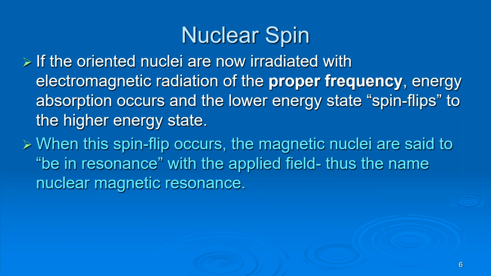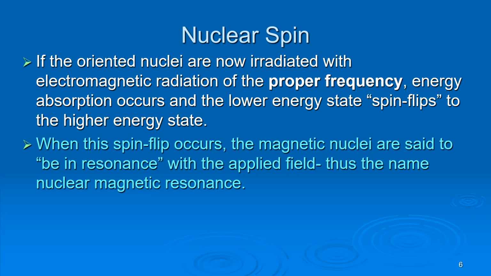All right, so then what happens is these nuclei that are lined up with the magnetic field are irradiated with electromagnetic radiation of different frequencies. But it'll be the proper frequency, the one that particularly does something called a spin flip.